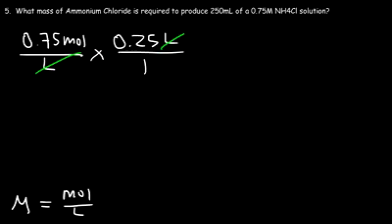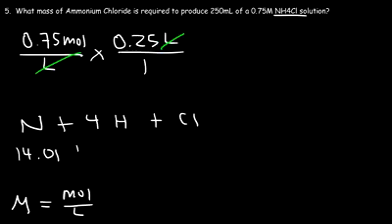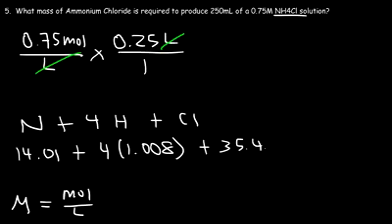So all we got to do is change moles to grams, and we can do that using the molar mass. So in NH4Cl, we have one nitrogen atom, 4 hydrogen atoms, and a Cl atom. Nitrogen is 14.01, H is 1.008, and Cl is 35.45.